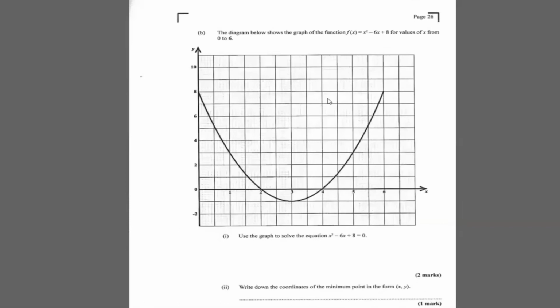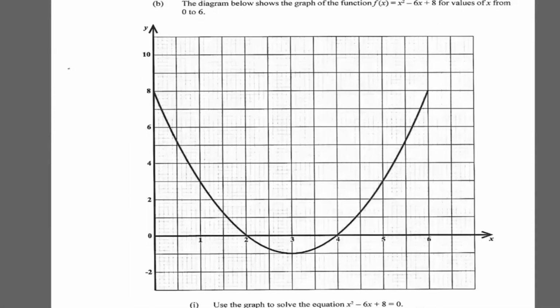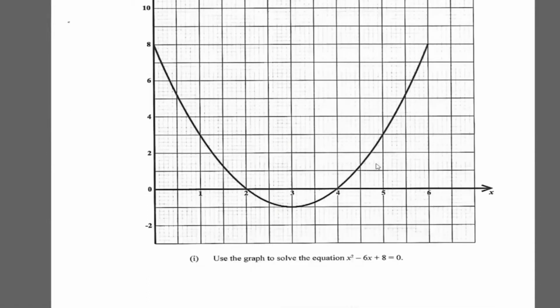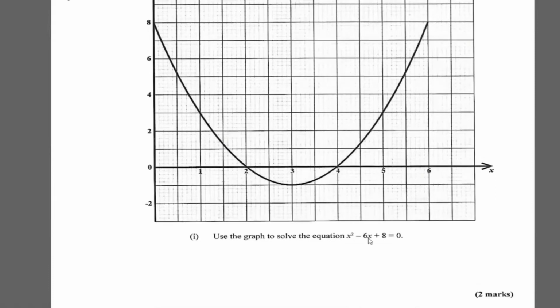All right. Now part B. Part B says the diagram shows the graph of the function x squared minus 6x plus 8 for the values of x from 0 to 6. It says use the graph to solve x squared minus 6x plus 8 equals 0. So we need to ask ourselves, x squared minus 6x plus 8 is y, or f of x.